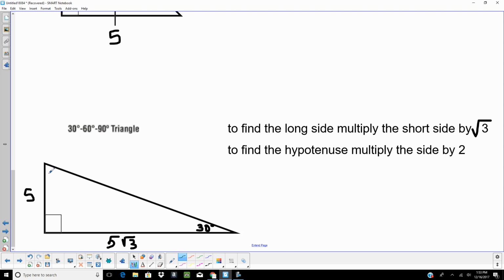I don't have it labeled, but we all know that a triangle has 180 degrees. 90 and 30, that would have to be 60. To find the hypotenuse, you multiply the short side by 2, so 5 times 2 is 10.